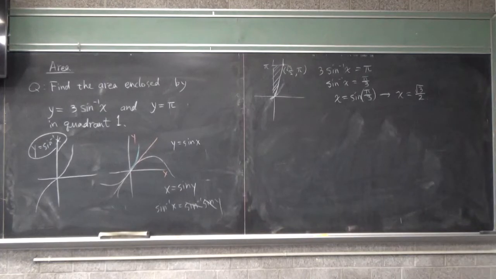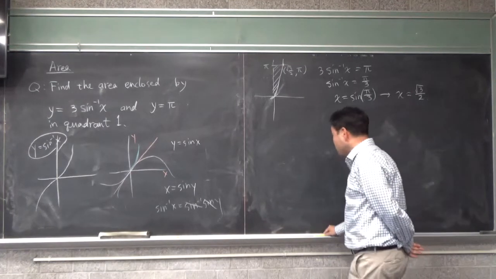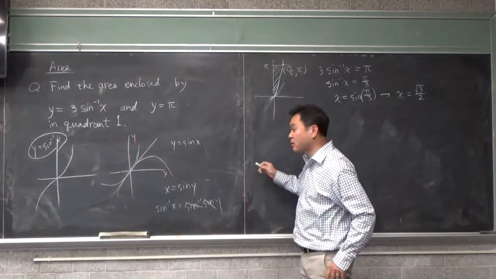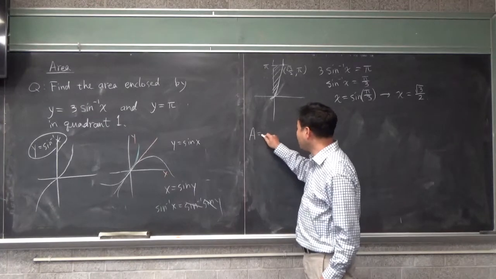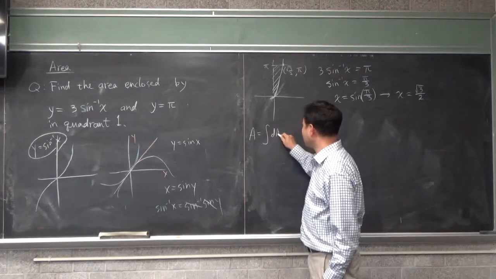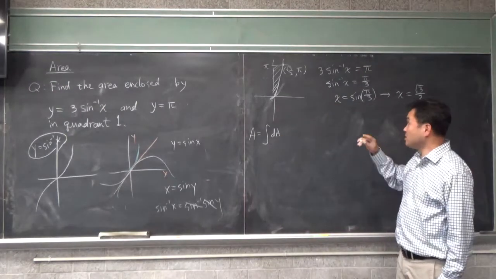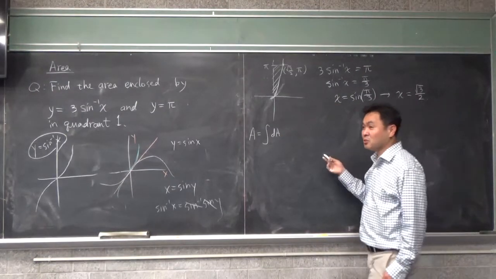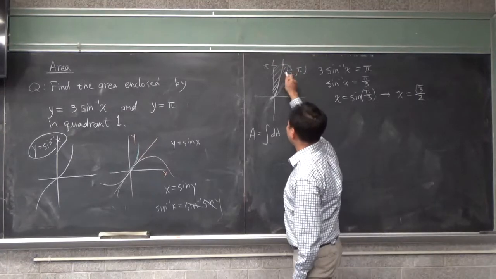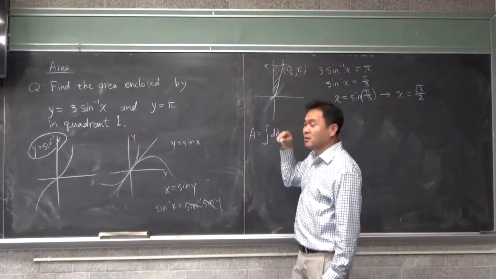Now, here we are faced with 2 possible choices. Remember, the way we are finding area is the sum of its parts, and dA is our choice. Usually you choose either horizontally or vertically.